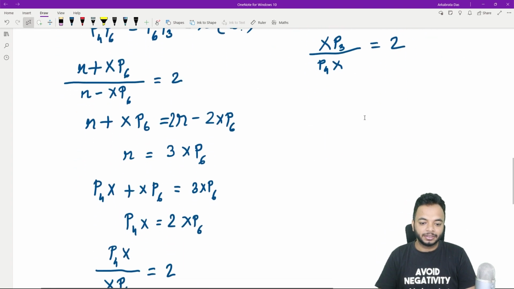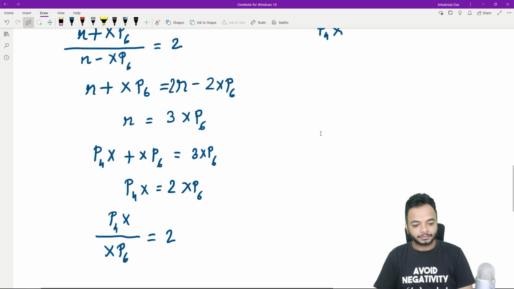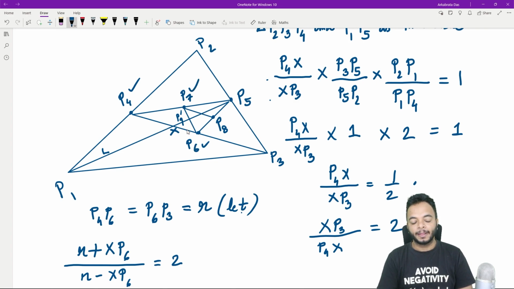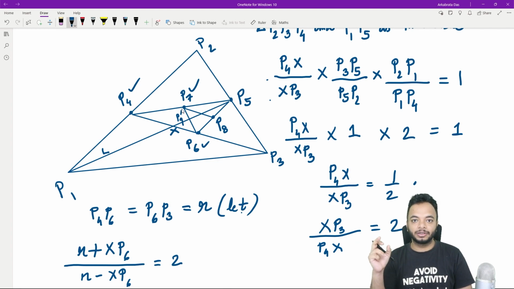So now the next thing is, I'm going to take the triangle P4, P6 and P7. This triangle I'm going to take because I'm going to prove that the ratio P6 P9 dash to P9 dash P7 is equal to 1.